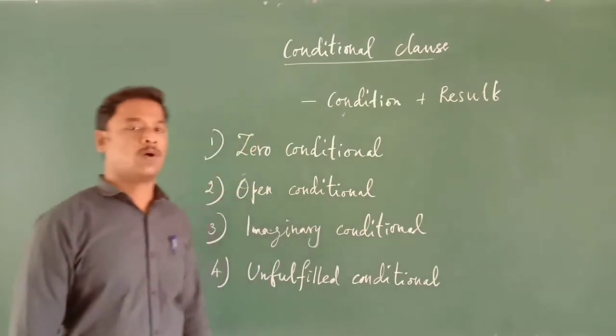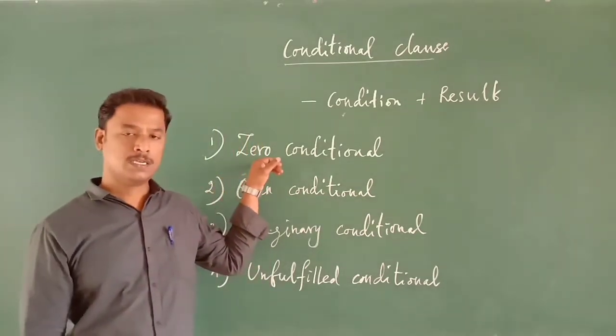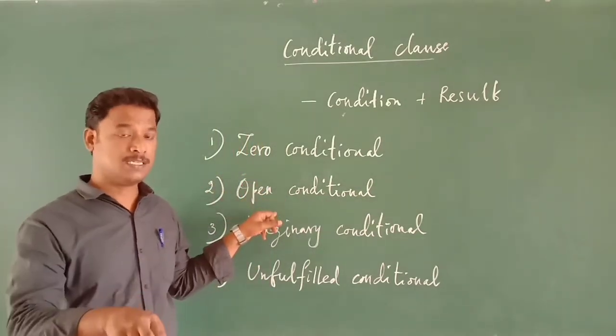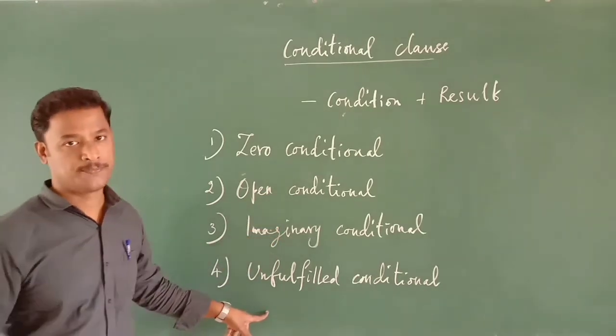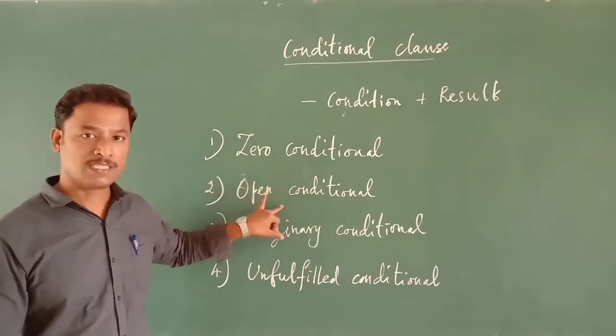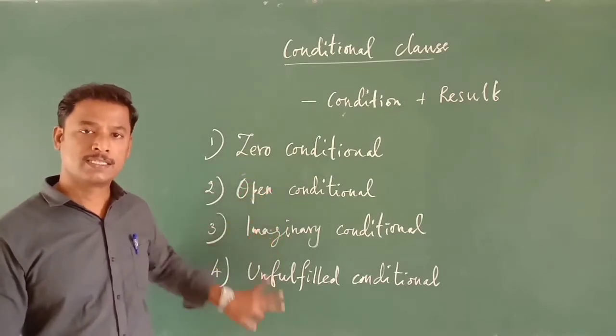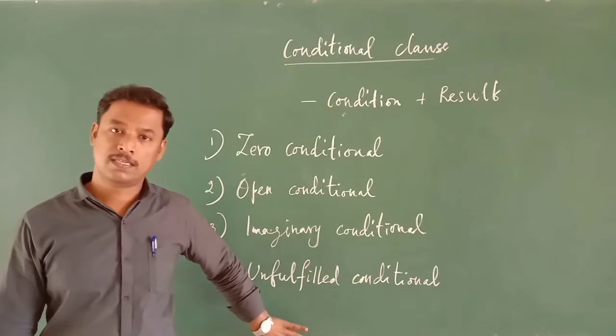These are otherwise called zero conditional, first conditional as the second one, second conditional as the third one, and third conditional as the fourth one. Zero conditional, first conditional, second conditional, and the last one is third conditional.